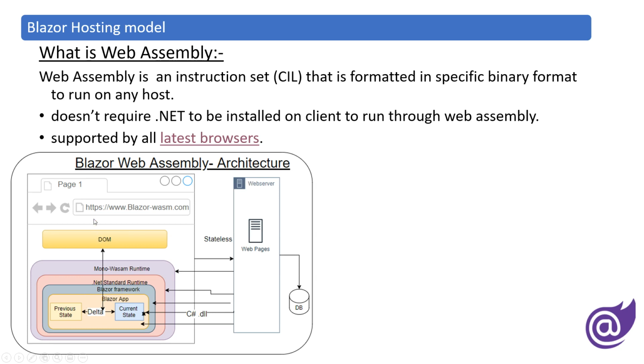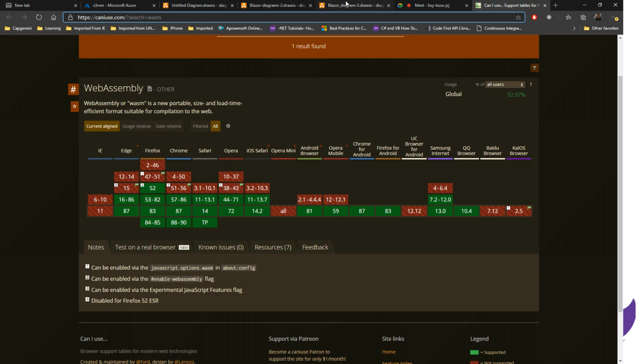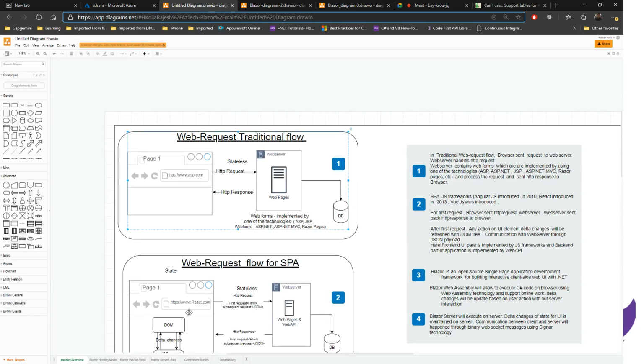In this hosting model, okay, before that, just one moment. Generally, this is the traditional flow. We browse the URL, and it sends an HTTP request. This is stateless communication, and the HTTP request goes to the server.